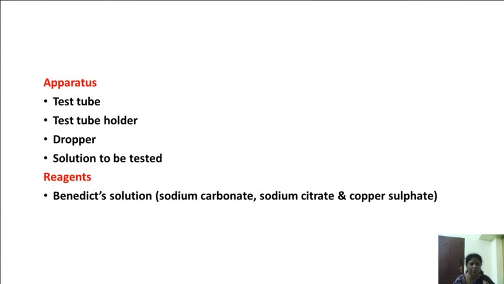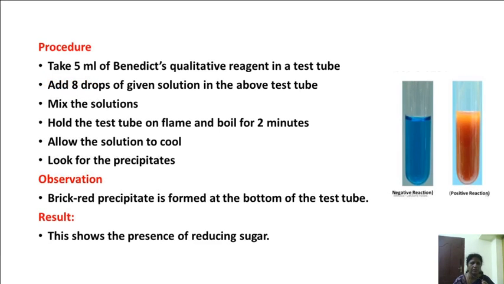The apparatus used are test tube holder, dropper, and the solution to be tested. The reagent used is Benedict's solution. It is a mixture of sodium carbonate, sodium citrate, and copper sulfate. The procedure is we have to take 5 ml of Benedict's reagent in a test tube. Add 8 drops of the given solution to the above test tube.